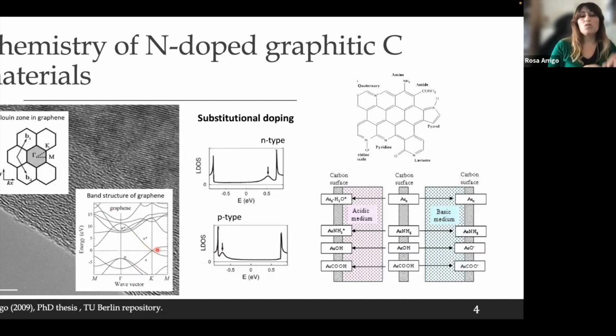Now, if we introduce substitutional doping and we break this symmetry, a gap opens up that you can see here. Depending on whether the atom has an additional electron compared to carbon, like nitrogen, or one electron less, like boron, we can have localized states above or below the Fermi level, and we have semiconducting properties. Of course, in electrocatalysis, for example, this is an important aspect.